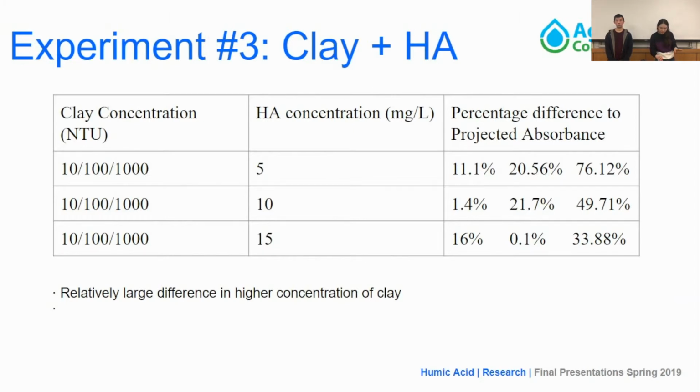As you can see, at the smaller concentrations, the percentage difference is pretty much within the 20% range, but at higher concentrations, it was pretty off. But it might be just because the meter is giving us the number 2 for the absorbance.